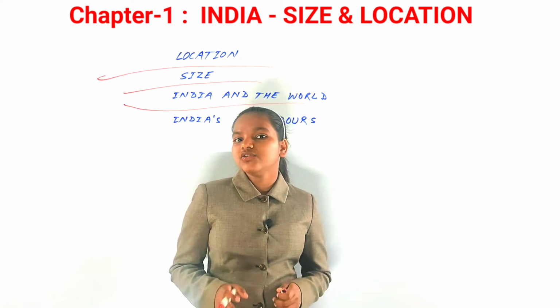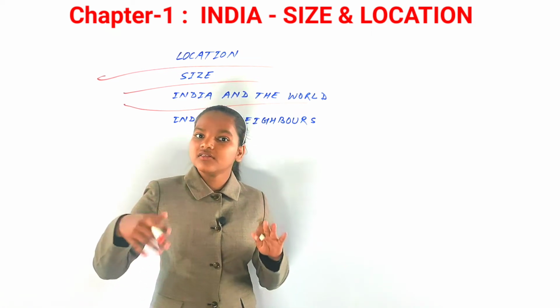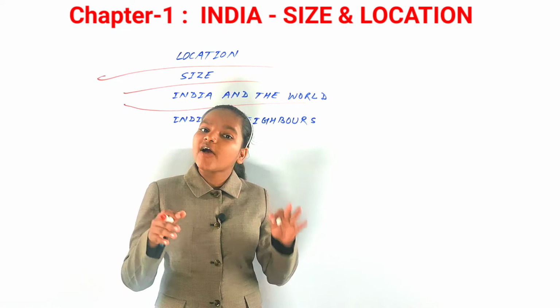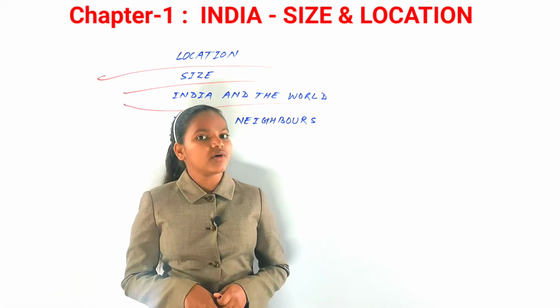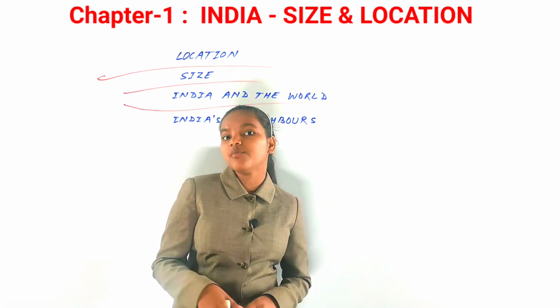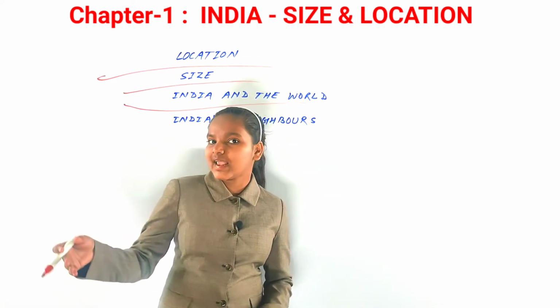But after that, there has been adoption in our country as well. The Greek sculpture and the design of domes and minarets could be seen in our country as well. So there is a very good connection of our country to the other parts of the world, to Europe, to parts of Africa, to South and East Asia.